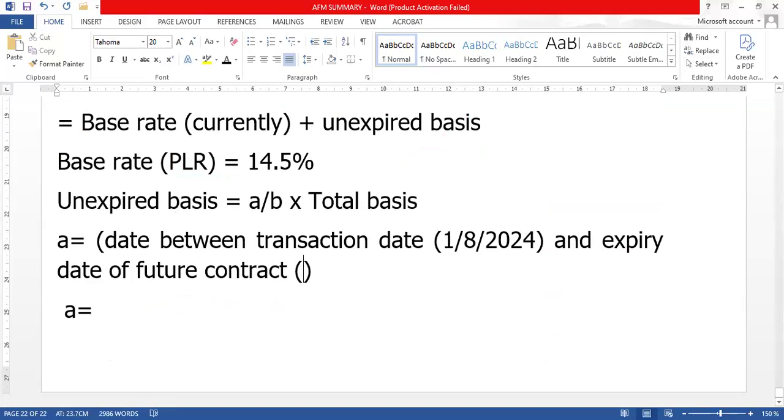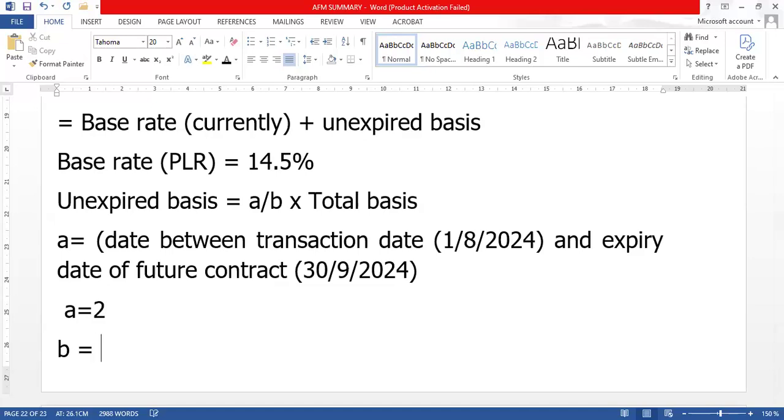That is 30th September 2024. So what is the period in between there? How many months? That is August and September. These are only 2.